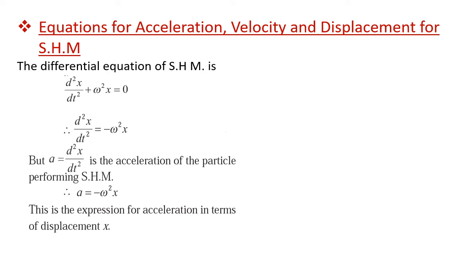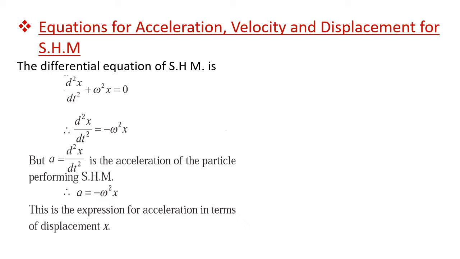As we are already aware, d2x upon dt square plus omega square x equal to 0 is the differential equation of SHM. If I shift this omega square x to the other side, I can write the same equation as d2x upon dt square is equal to minus omega square x.